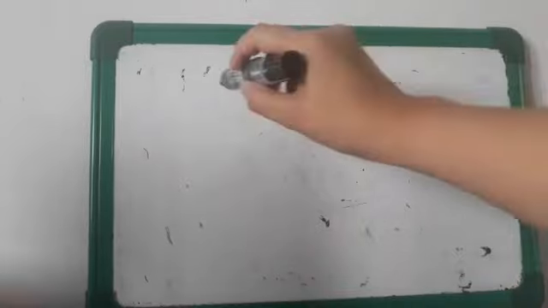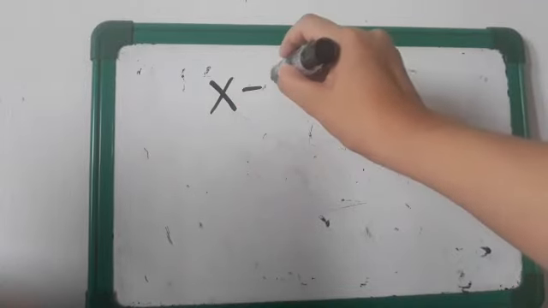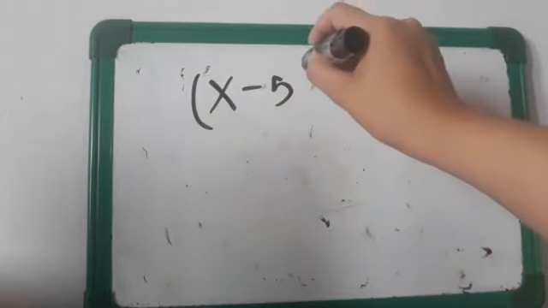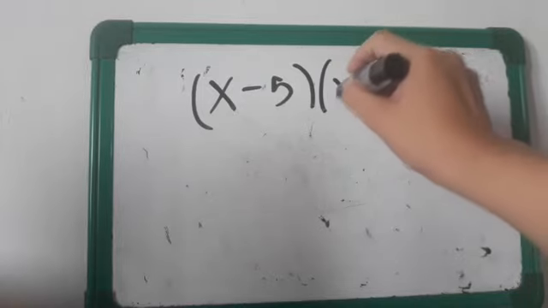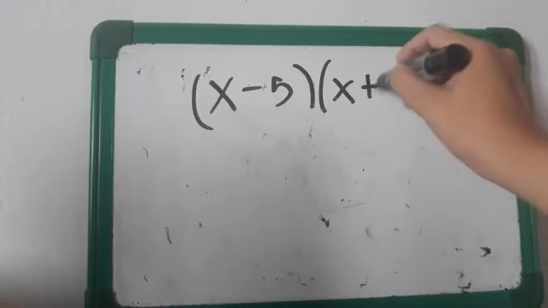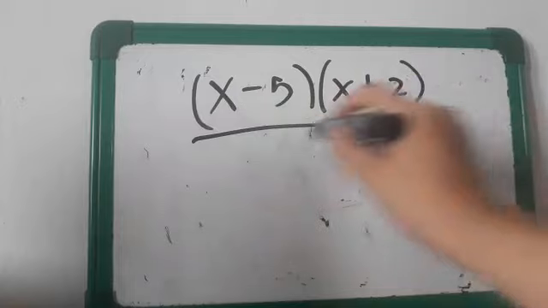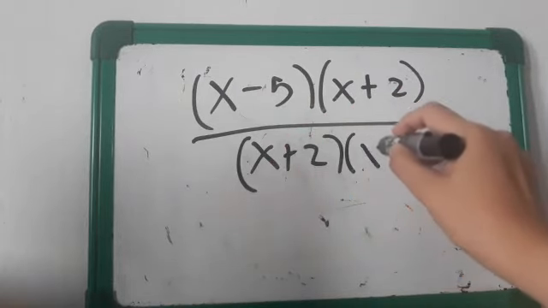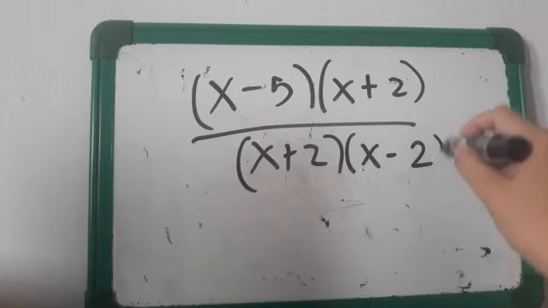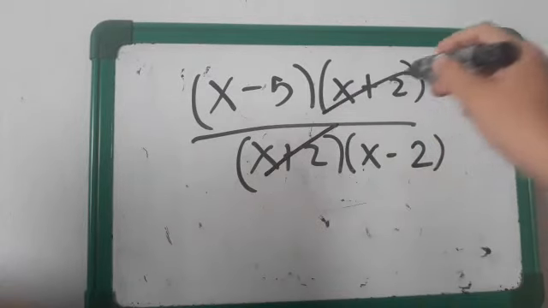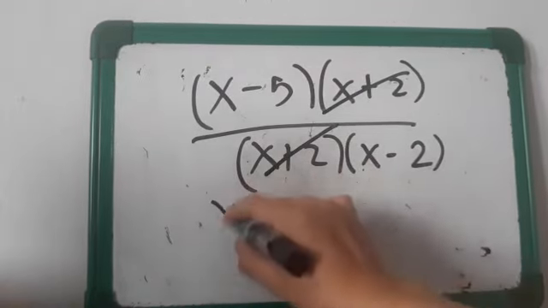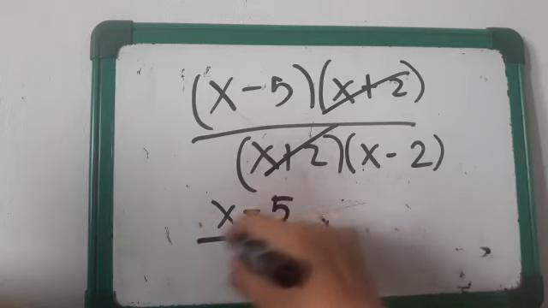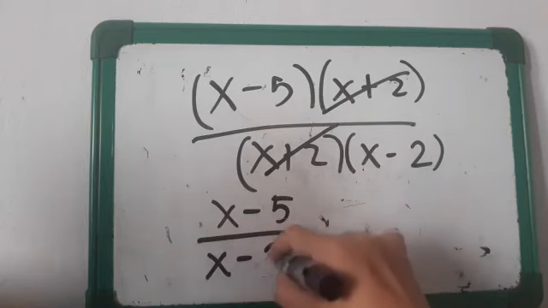Tapos, next. X minus 5 times x plus 2 over x plus 2 times x minus 2. Ito makakancel. So, x minus 5 over x minus 2.